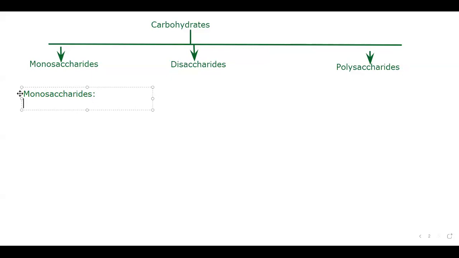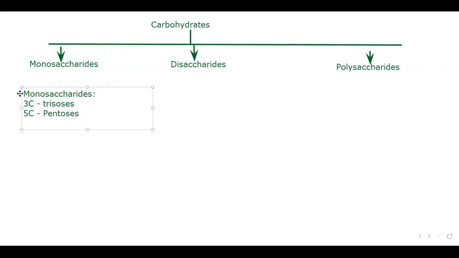If a monosaccharide has 3 carbon atoms, we call it a triose. If we have 5 carbon atoms, that is known as a pentose sugar.